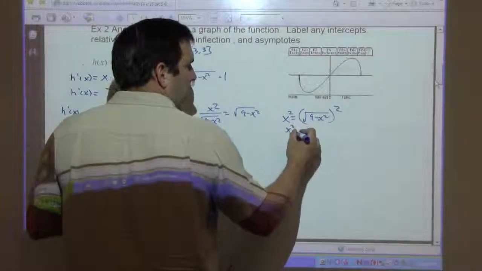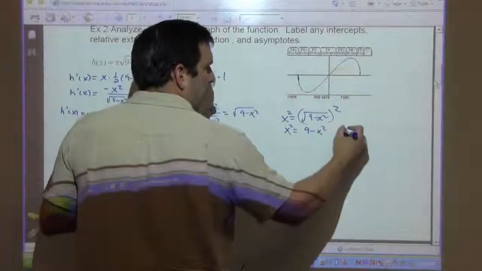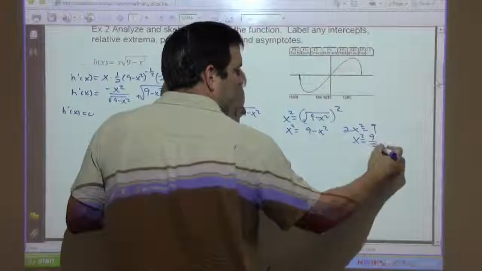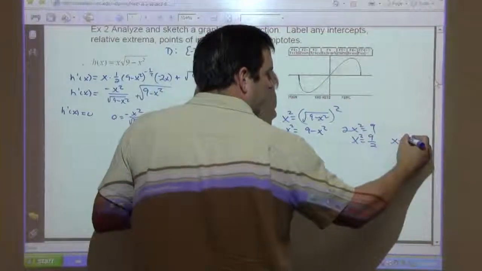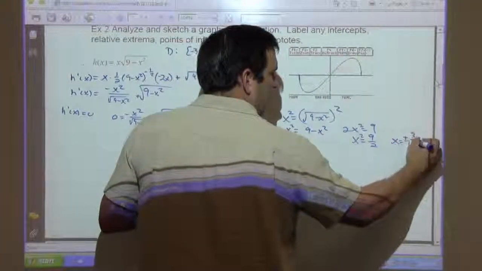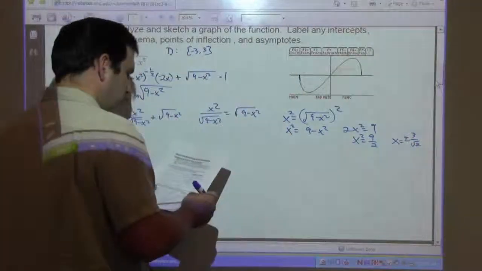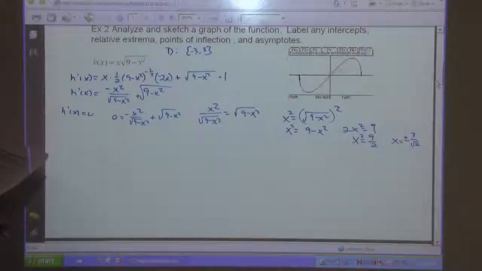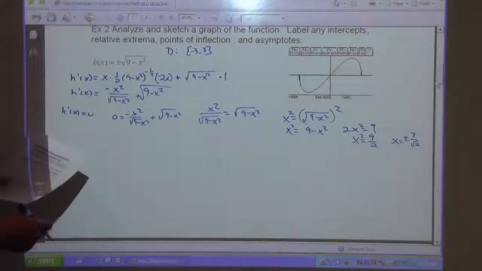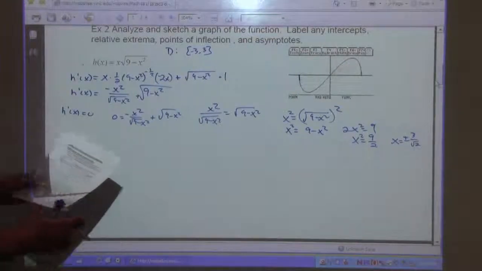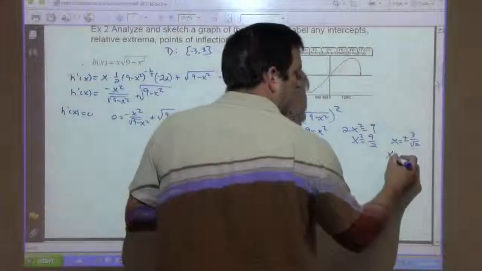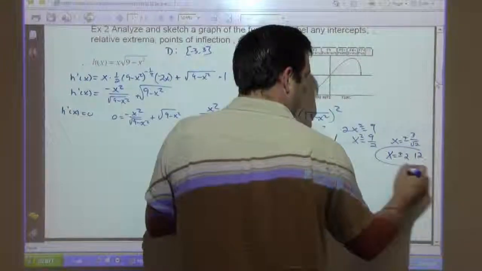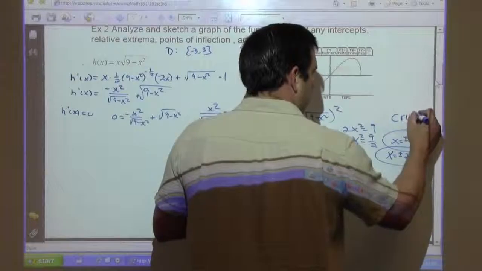So x squared equals 9 minus x squared. 2x squared is 9. x squared is 9 halves. So x would be plus or minus 3 over the square root of 2. Okay? And we're looking at x being plus or minus 2.12. These are the critical values.